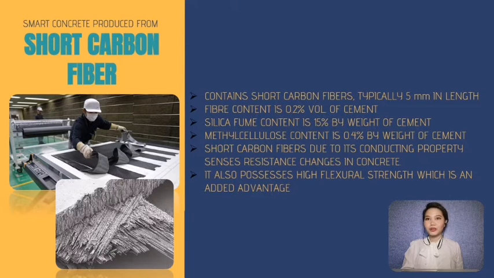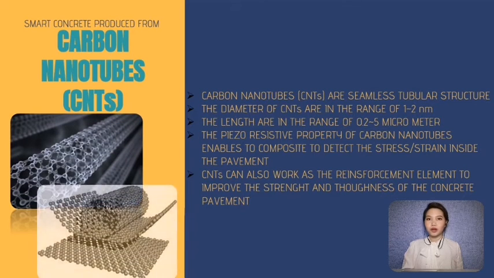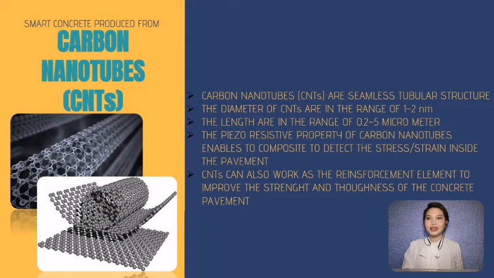Moving on to the smart concrete made from carbon nanotubes, or CNTs. As we know, carbon nanotubes have high flexibility. The diameter of CNTs is in the range of 1 to 20 nanometers and the length ranges from 0.2 to 5 micrometers. Because of its flexibility and its microstructure shaped as tubes, it is capable of bending in circles, and thus it helps in forming bridges between the cracks in the cement, which means that it increases the strength of cement composites.